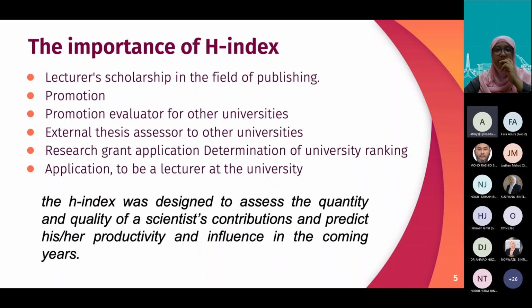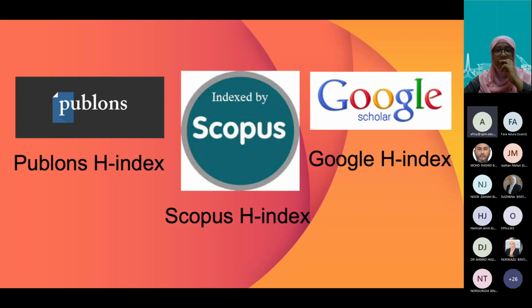All right. Basically, in H index, we have 3 different types. The first one is the Publon H index. The Publon H index is for those journals published in the JCR. We have certain databases: the JCR database, the Scopus database, and the last one maybe the ERA database.